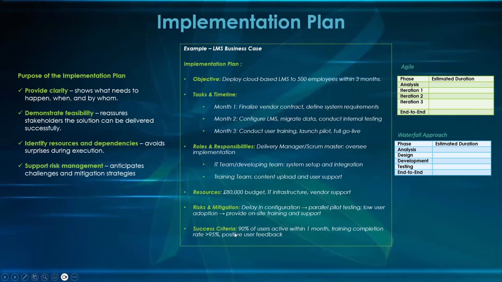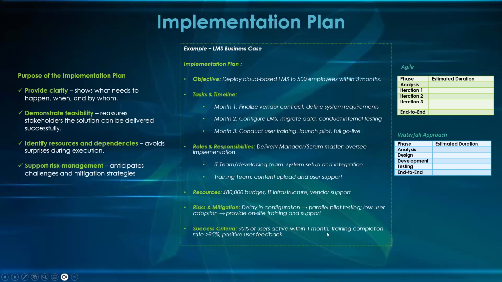Okay. What does good look like? What is the success criteria? You deploy it, you test it, you check that 90% of users are active within the first month of deployment. Once it goes live, after the first month, you test to see if 90% of the people, remember it's 500 people, are using it.